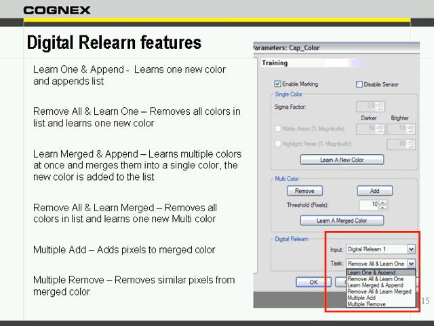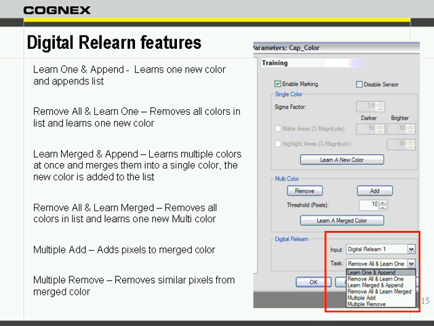Now for both single color and multicolor learning, we use the digital relearn options. Digital relearn is a way to automatically, through physical I/O or discrete I/O or Ethernet I/O, but through one of our virtual I/O or physical I/O values, change the learning task that is going to be executed the next time the camera is triggered.